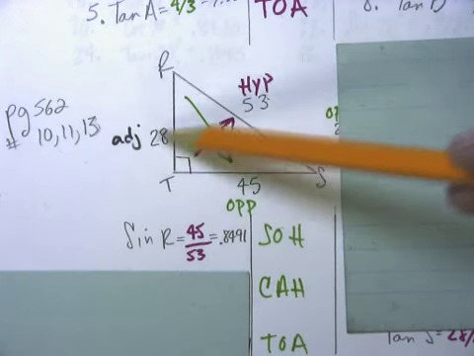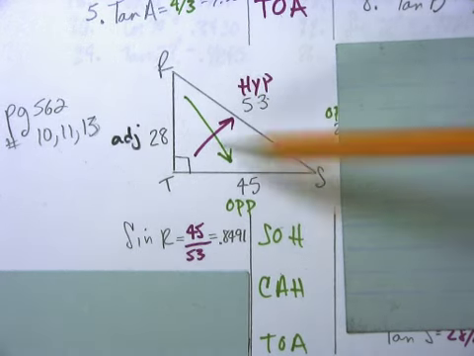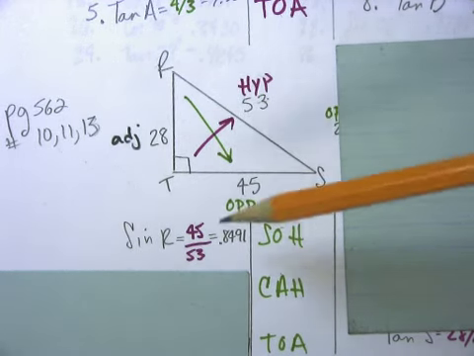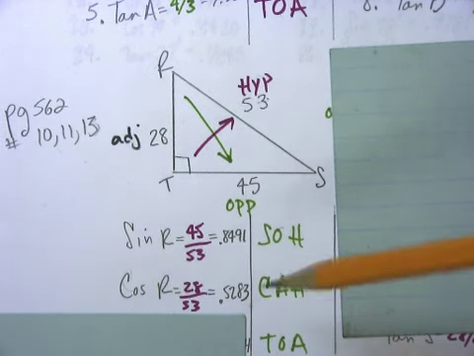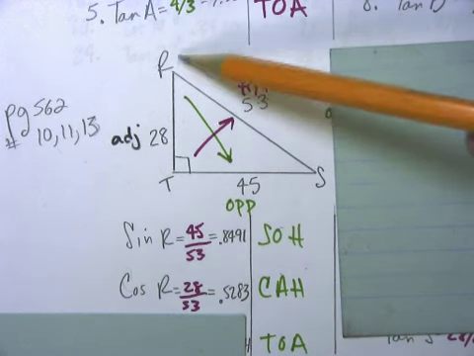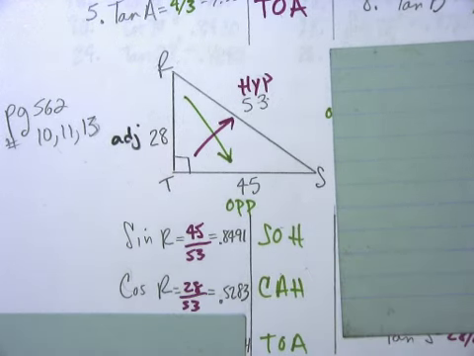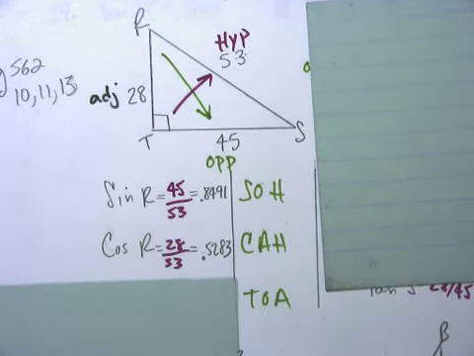The cosine of angle R is the adjacent over the hypotenuse. The adjacent is 28 and the hypotenuse is 53, so the cosine of angle R is 28 over 53, which is 0.5283.